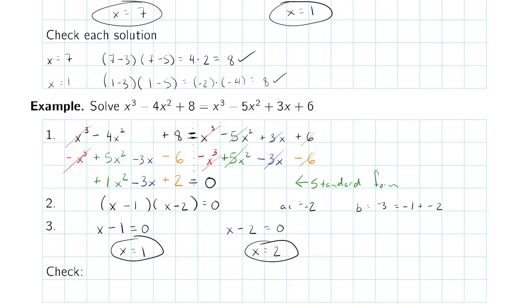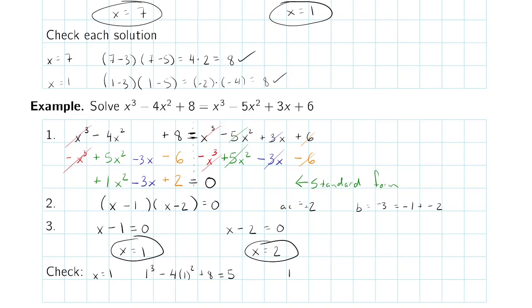And I can confirm that that works in my original equation. Right, so when x is 1, my left-hand side is 1 to the third minus 4 times 1 squared plus 8. That's 1 minus 4 is negative 3 plus 8 is 5.